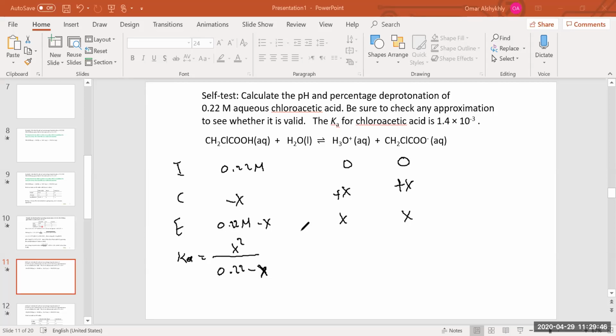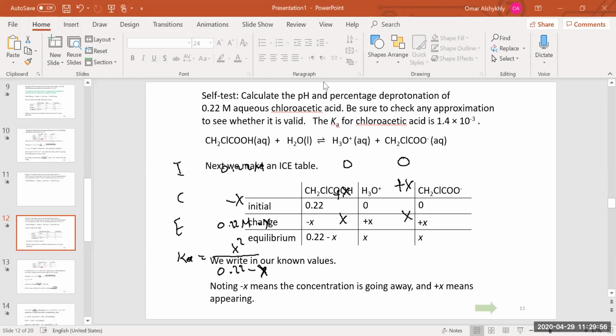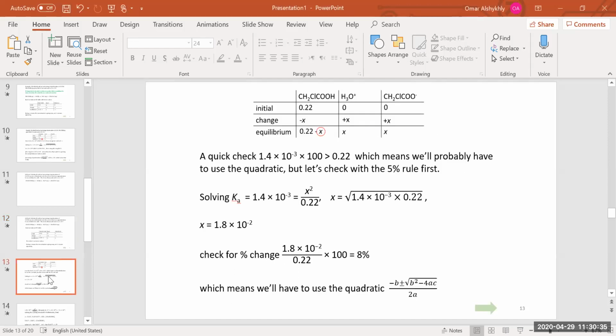So our approximation, I think, will be valid if we assume that x is small.